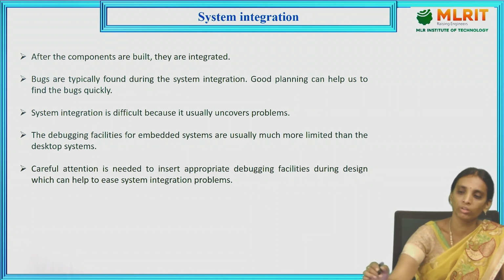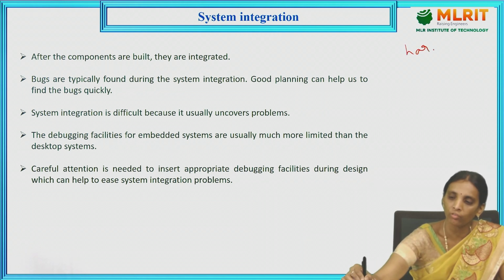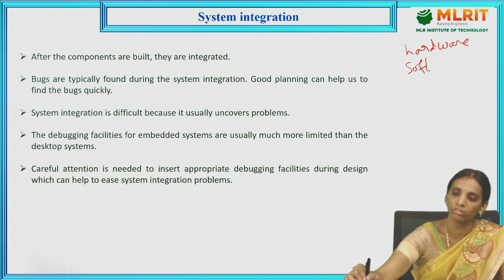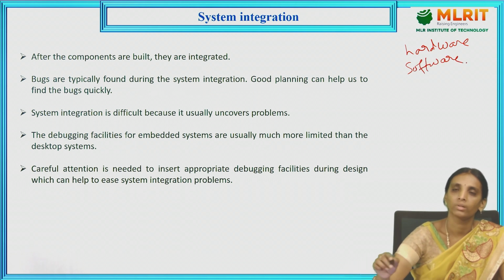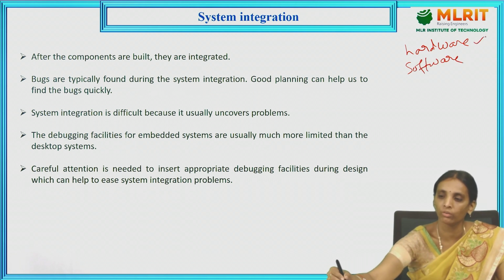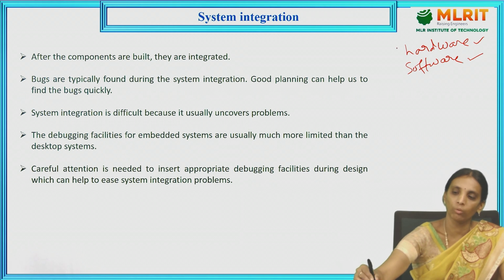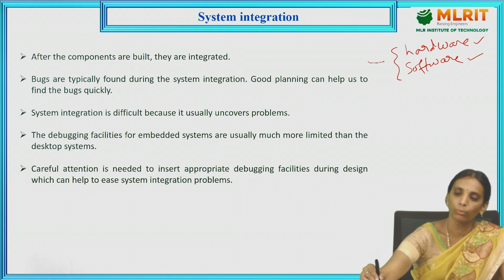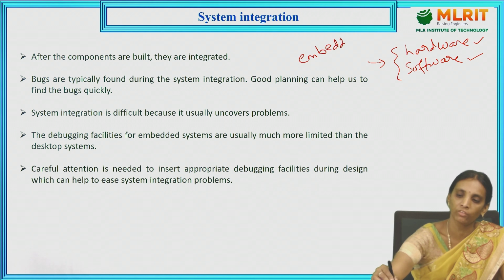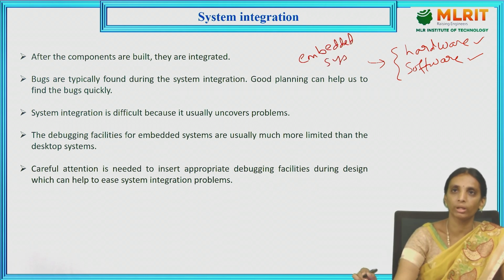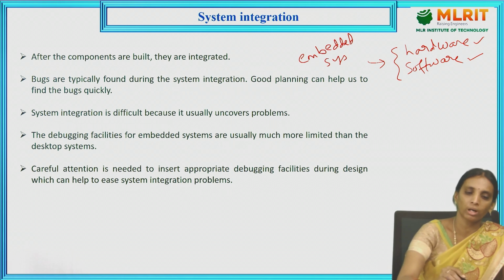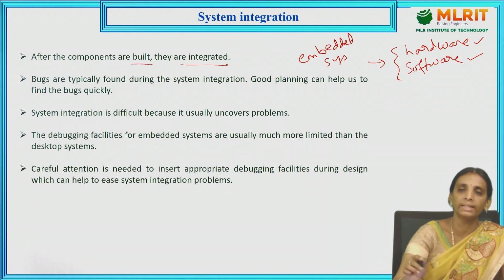System integration means, after getting the total hardware block diagram, hardware blocks and software modules, we now have the hardware modules and software modules. Now we want to integrate both to get the entire embedded system for the specific application. After all the components are built, we need to integrate them.